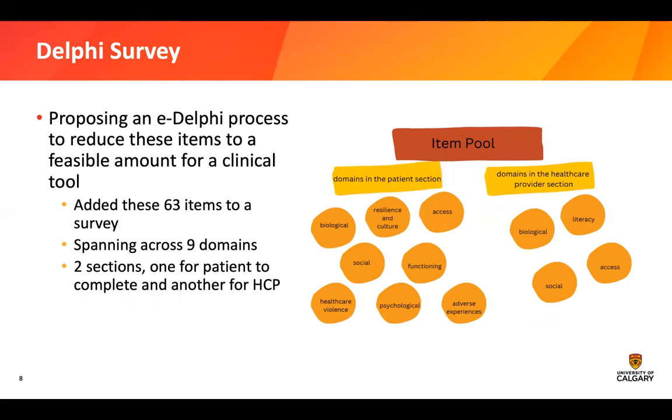So now we're proposing an e-Delphi process so that we can reduce these items to a feasible amount for a clinical tool. We've added these items to a survey, and as you'll see in this diagram here, all of the items span across 9 different domains. And in our proposed tool, we have 2 different sections. There's certain domains that the patient would complete and certain domains that are for the healthcare provider to look at.